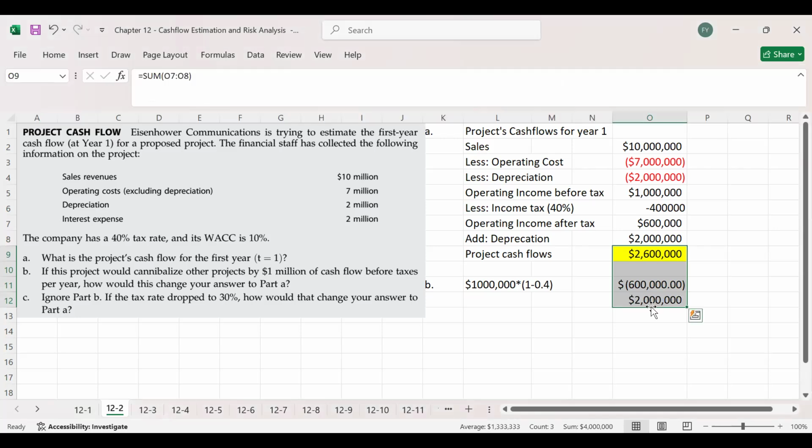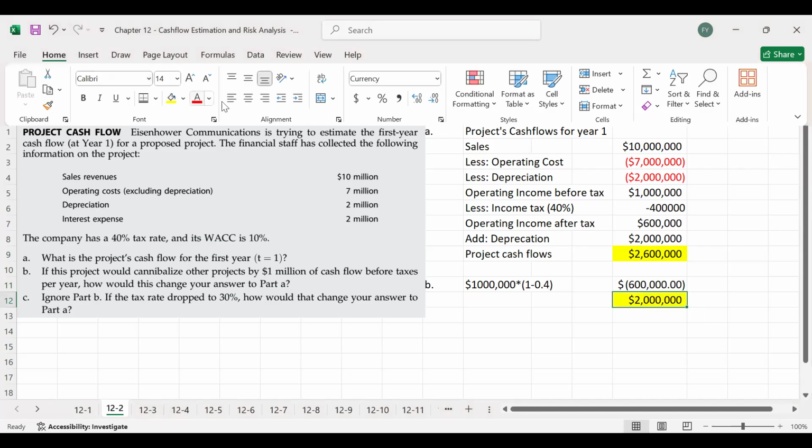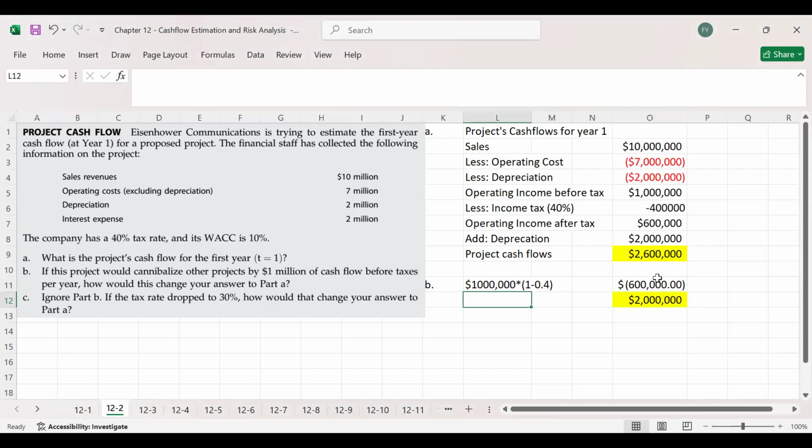Here you can see, the project cash flows would be 2 million instead of 2.6 million if we consider this impact of cannibalize, that is 1 million of cash flows before taxes. So if we consider this, then the project cash flows would be 2 million. So here it is, project cash flows in requirement number 2.